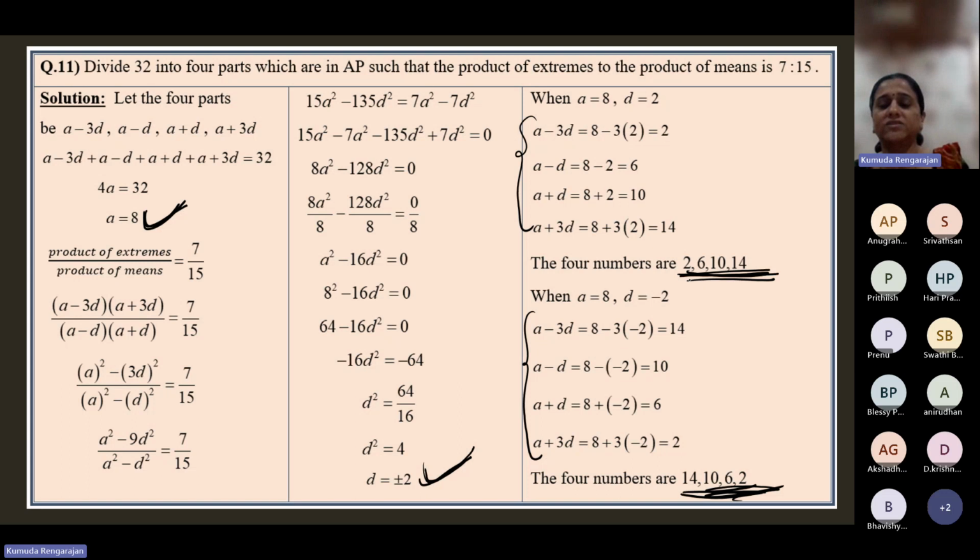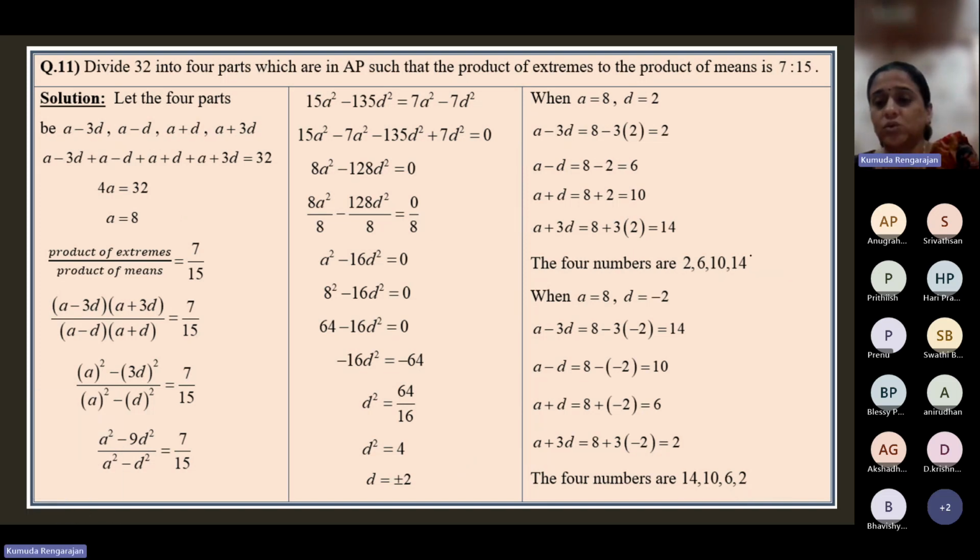So you can check: add these four numbers. 24 plus 6, 30, is 32. The sum of the four numbers is 32.